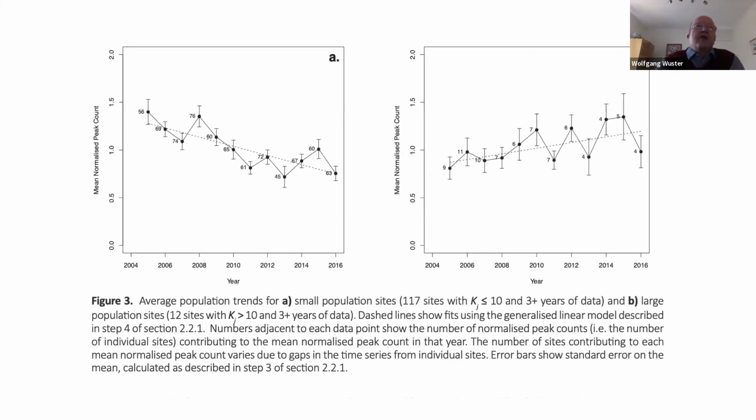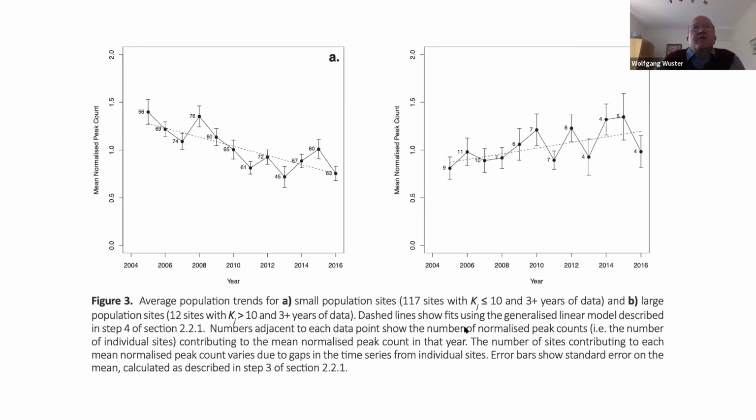And it showed, among other things, that most of the populations in the UK are rather small populations with peak counts under 10. And most of those small sites are declining, as shown in the graph on the left here. And the relatively small number of larger sites, 12 sites in fact out of 130, with more than 10 individuals, those actually seem to be doing okay.